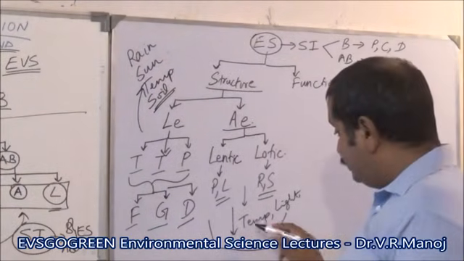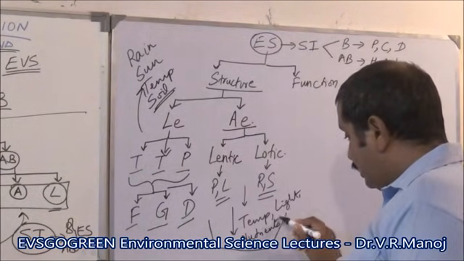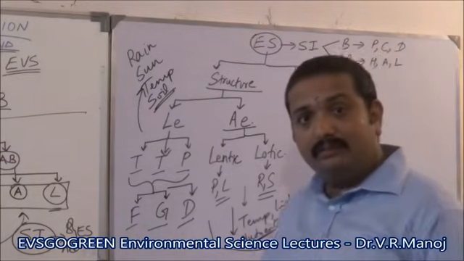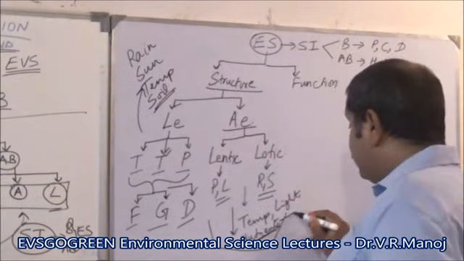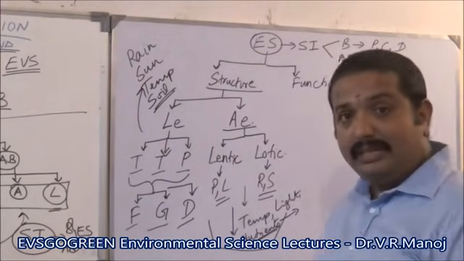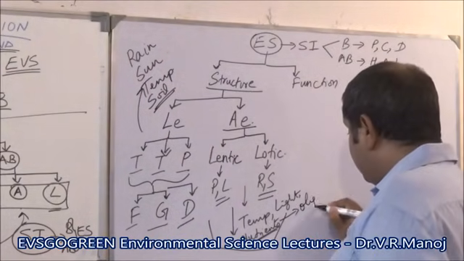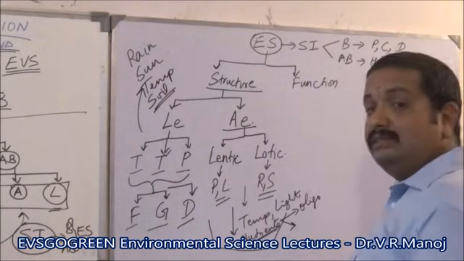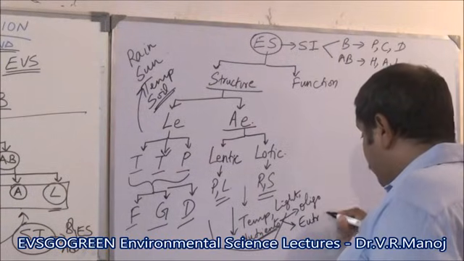Also the nutrients are much more important in the aquatic ecosystem, because here depending on the nutrients, if there is only one kind of nutrient, very strict nutrient level, then you call it as oligotrophic. If there are too many nutrients, which is also not good, then you call it as eutrophic.